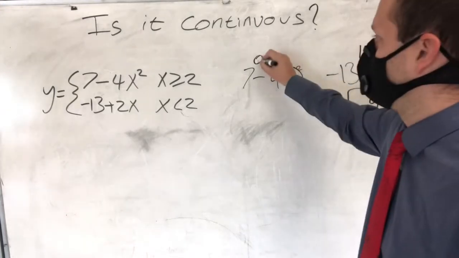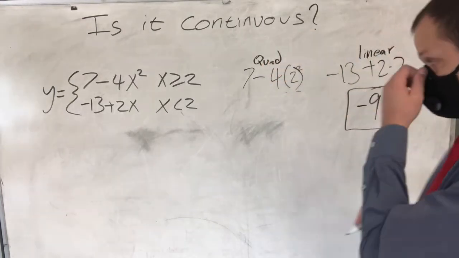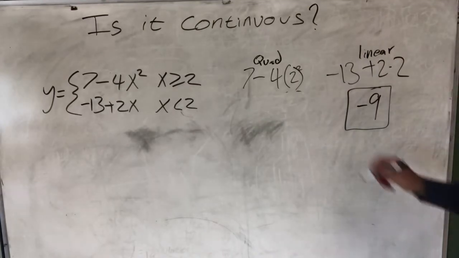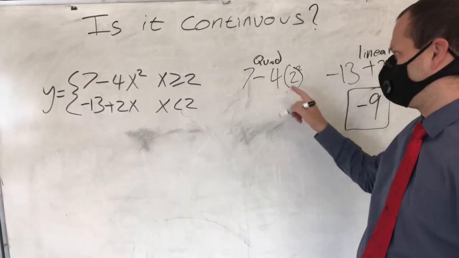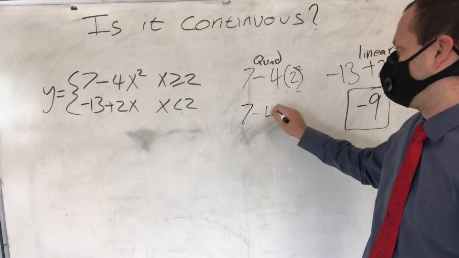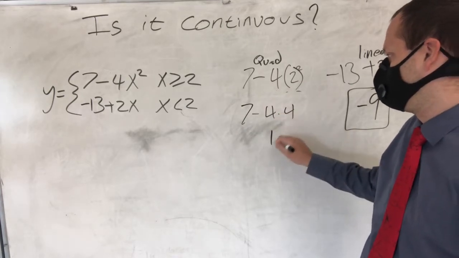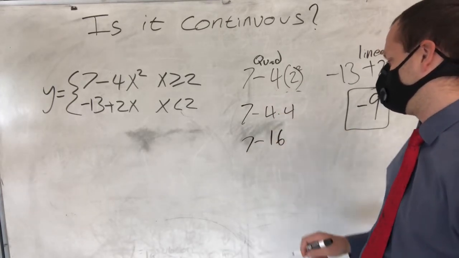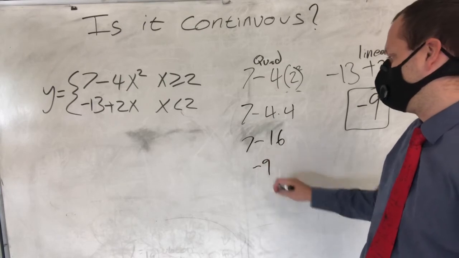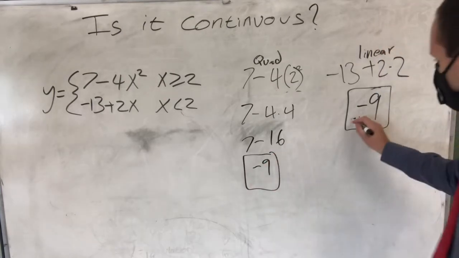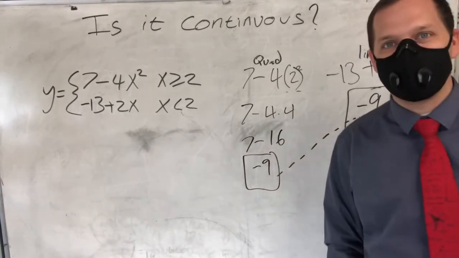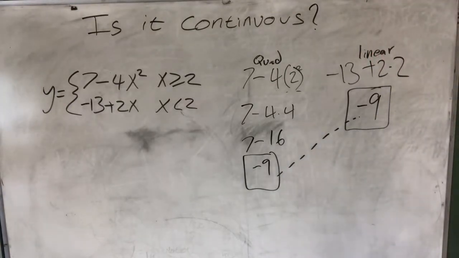My quadratic, let's figure out what the quadratic is. The quadratic is going to be 7 minus, let's see, 4 times 4. 4 times 4 is 16. What's 7 minus 16? Negative 9. Ooh, they have the same ending spot. They both end at negative 9.